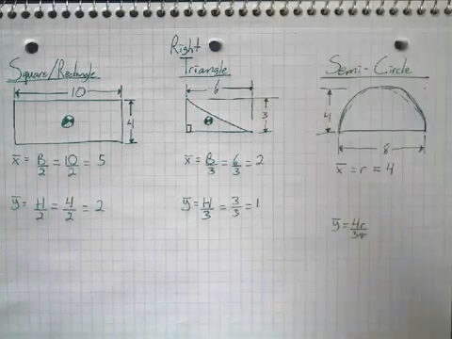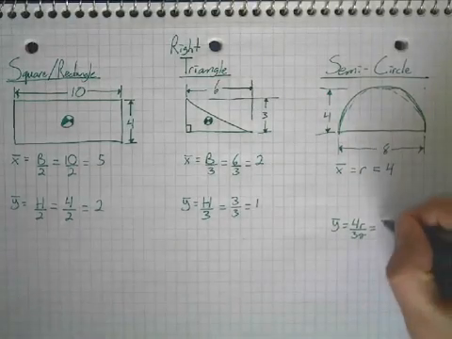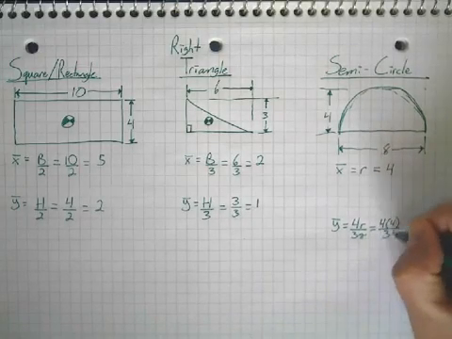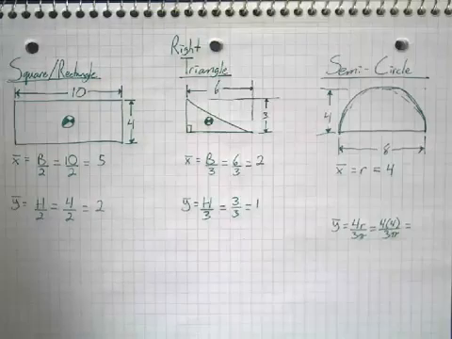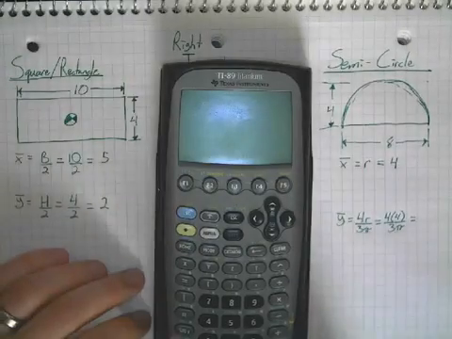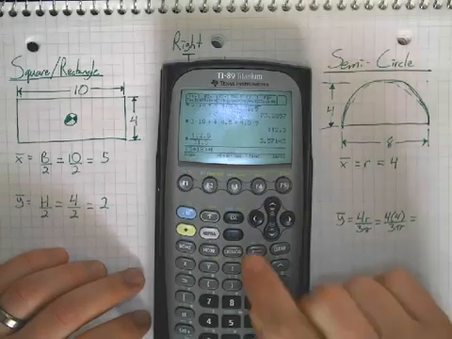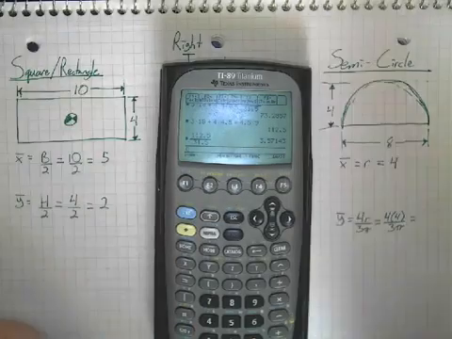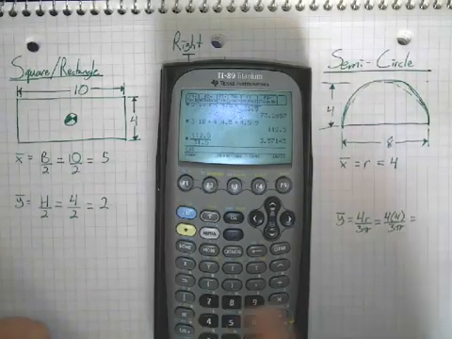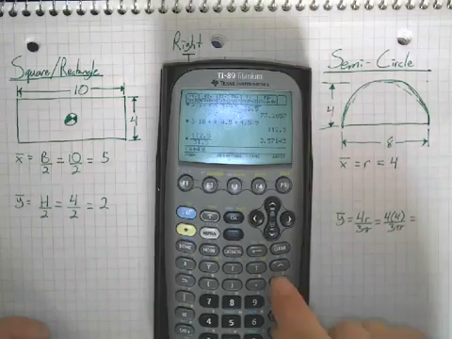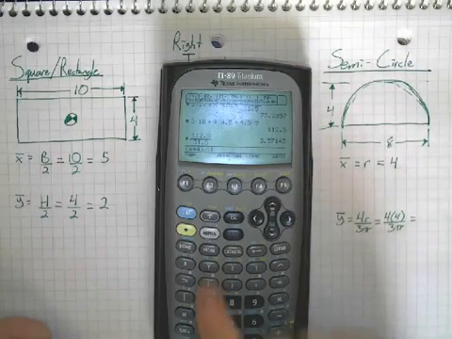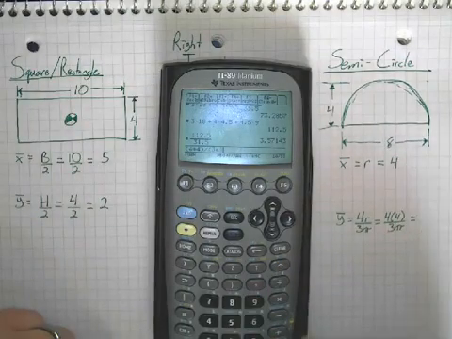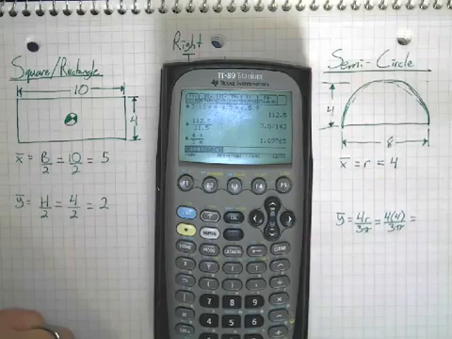Let's see if I can plug in. So 4 times 4 divided by 3 pi. Let's see if I can get my calculator to show up clearly to show you how I like to do that. If I am doing this problem on my calculator, I always make sure, just to be safe, that I use parentheses. So I'll do parentheses 4 times 4, close the parentheses, divided by parentheses again, 3 times pi, close those parentheses, and hit enter.